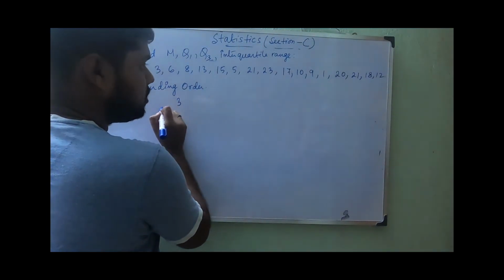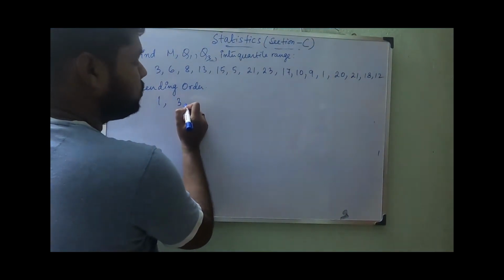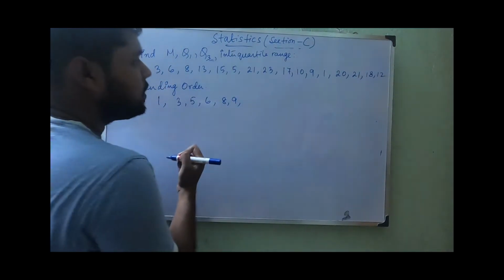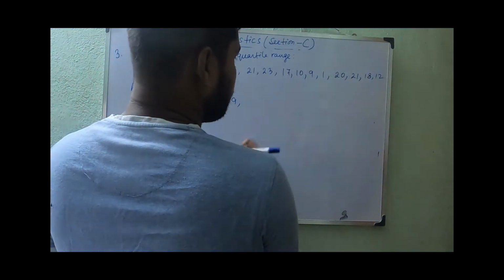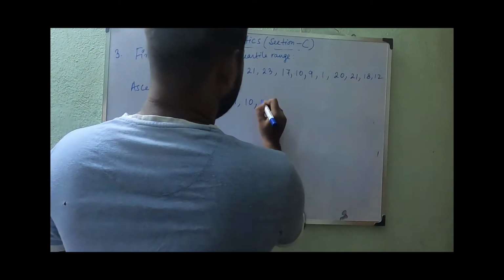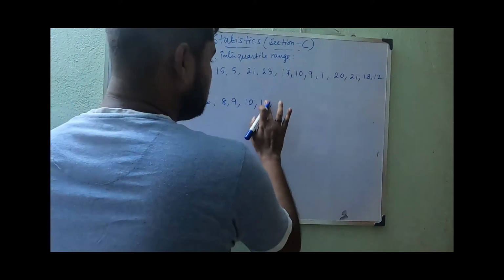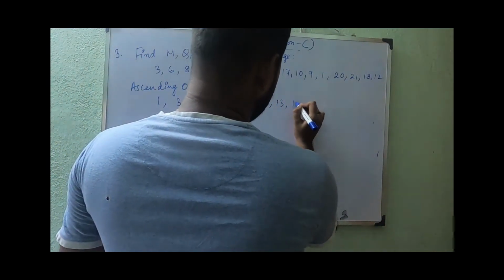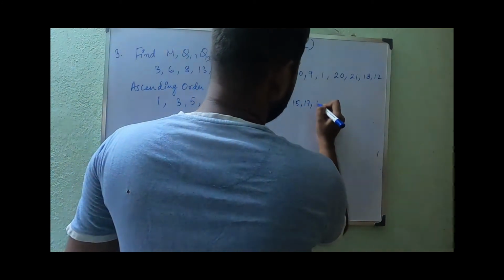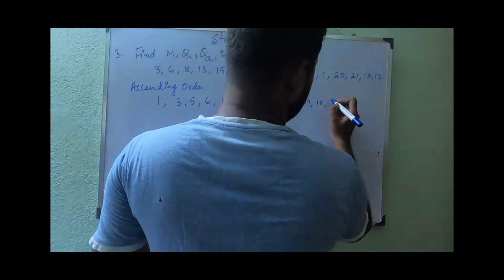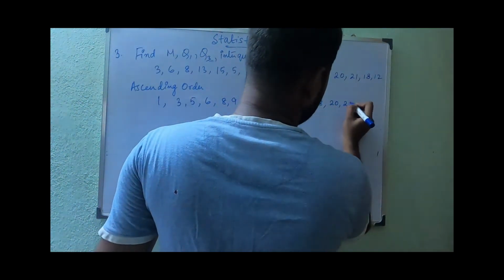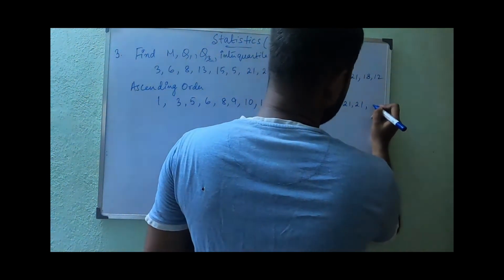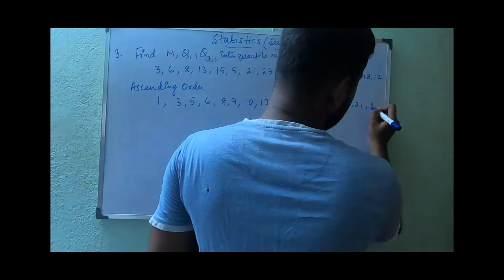It is 1, 3, 5, 6, 8, 9, 10, 12, 13, 15, 17, 18, 20, 21, 21, there are two 21s, and finally 23.